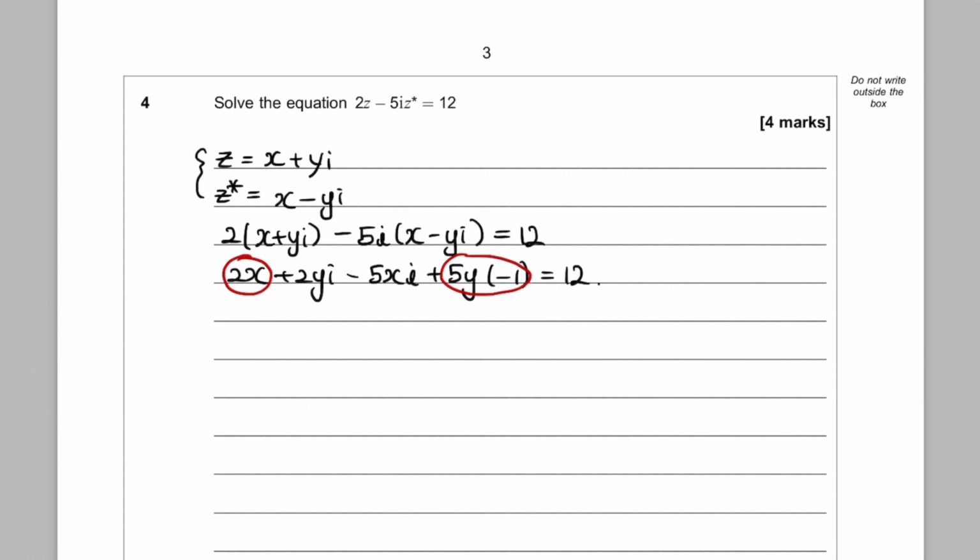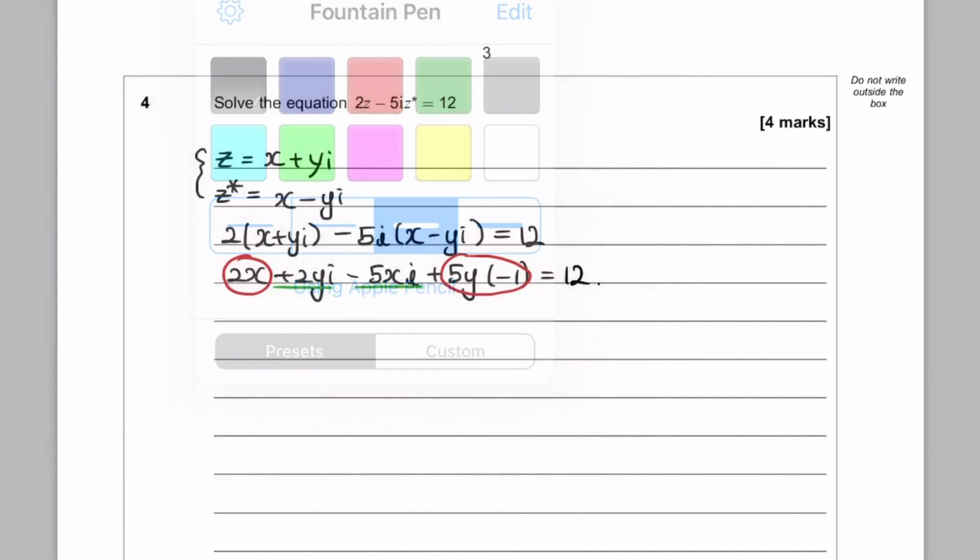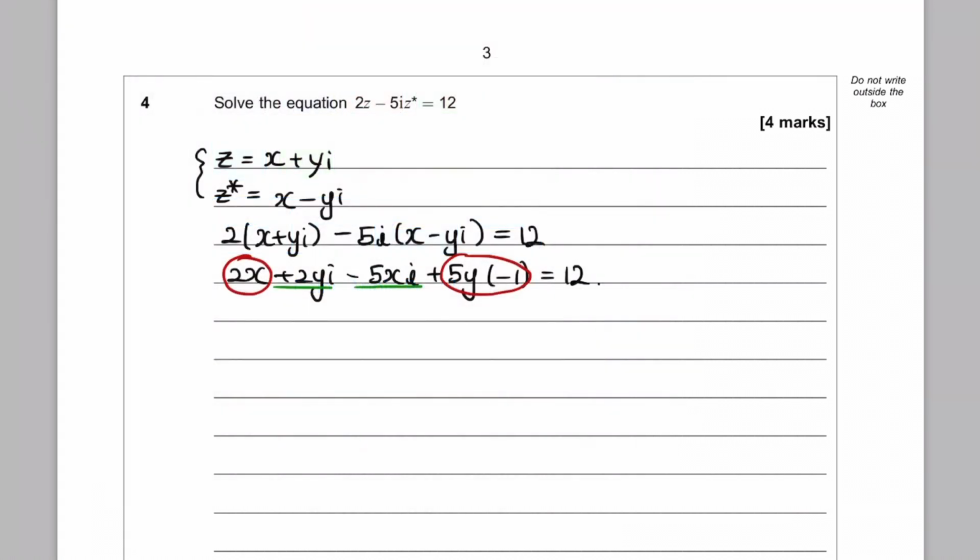And then the imaginary part is the opposite one. We have these two terms as an imaginary part. So if you combine the real part and imaginary part together, it's 2x minus 5y plus 2y minus 5x, and then I put the i sign out of the bracket just to make it easier to see, and that's equal to 12.